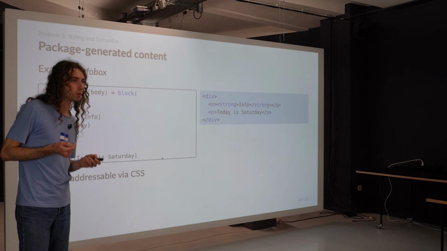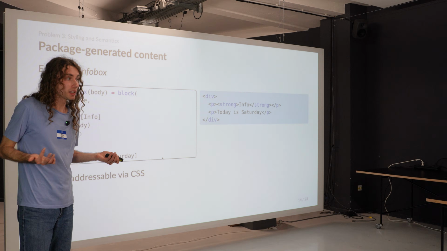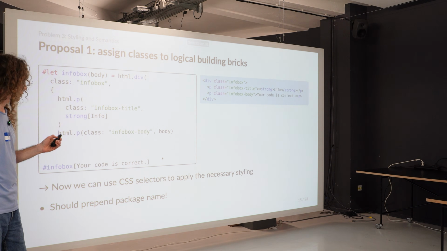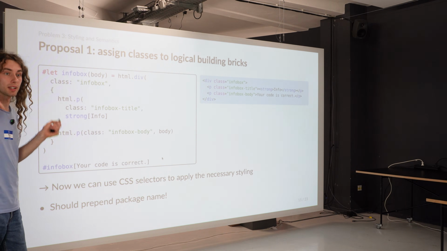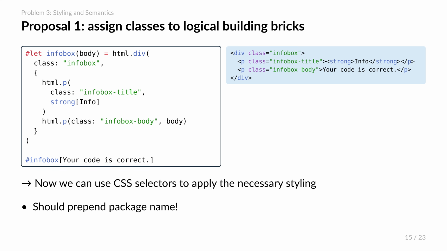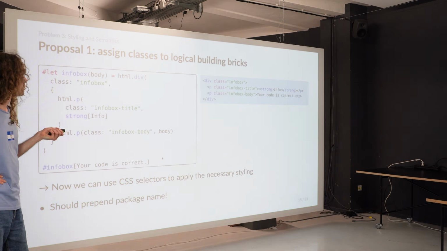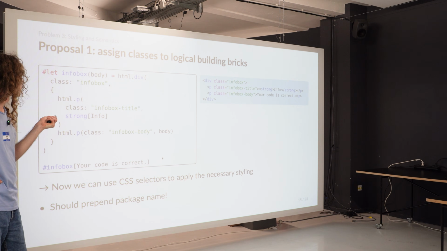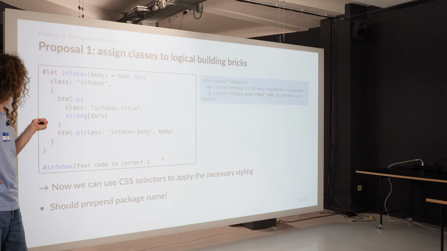And so the first thing that I would propose is to add so-called HTML classes to them, like this. And adding these classes makes them addressable via CSS. So they can now be styled with style rules. But this requires you to add these elements, HTML div with an explicit class and so on.